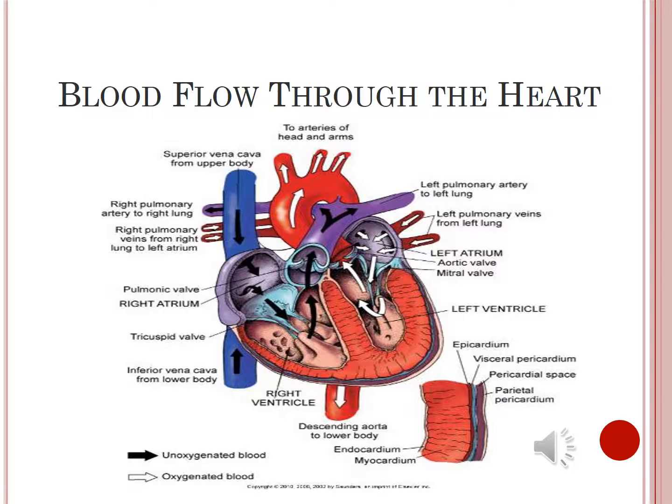So it goes through the right atrium, through the tricuspid valve. Remember, tricuspid before bicuspid. You ride a tricycle before a bicycle. So it goes through the tricuspid valve into the right ventricle. The right ventricle then pushes the blood up and through the pulmonic valve.